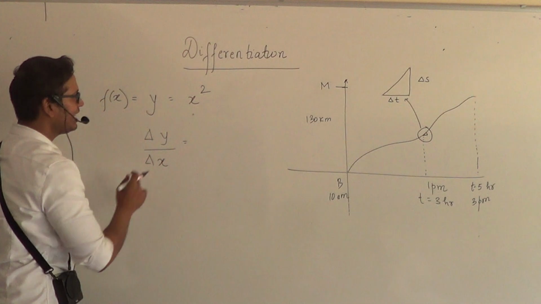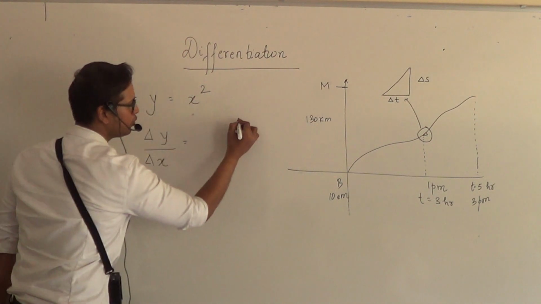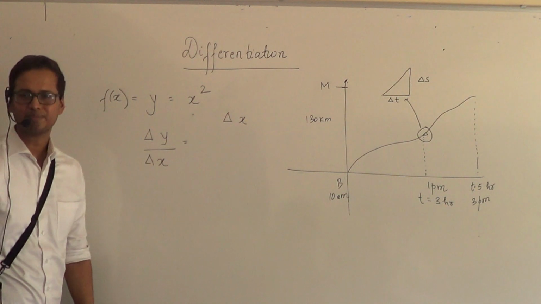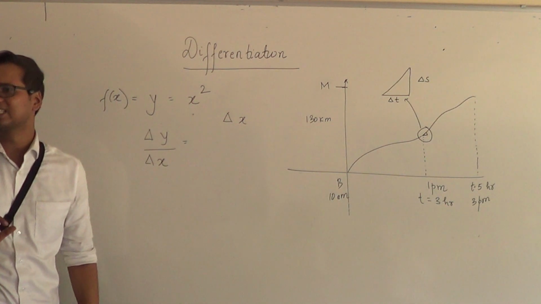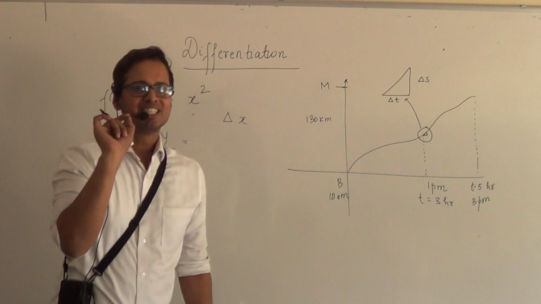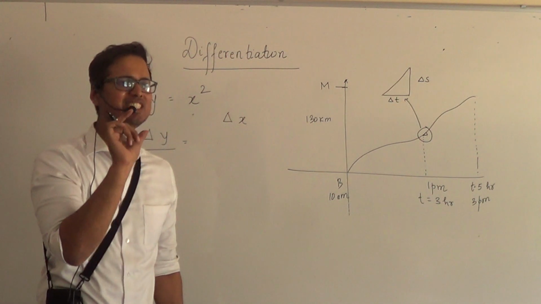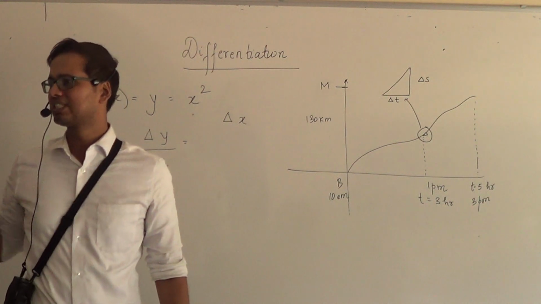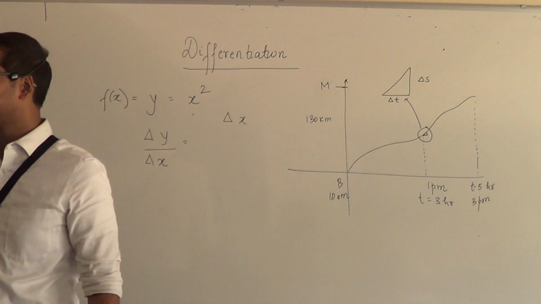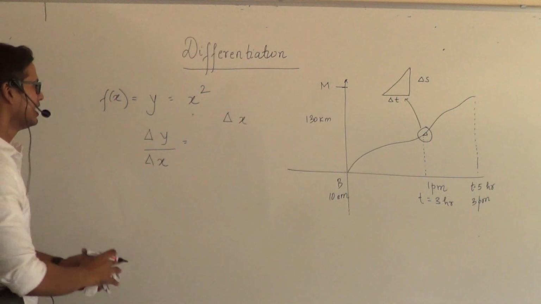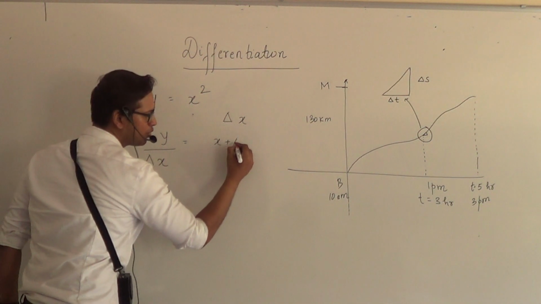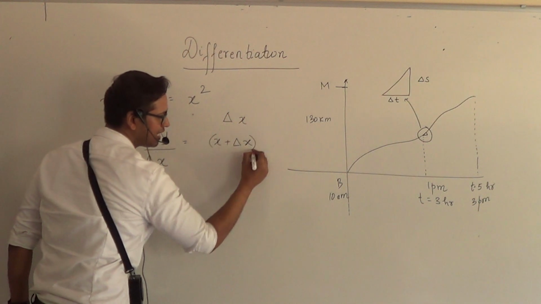So let's say I nudged my input x by delta x. Means I just slightly increase or decrease my input with a small amount delta x. Everybody understand the meaning of delta x? Correct? Okay. Now tell me, what will be the final output? Won't it be x plus delta x whole square?